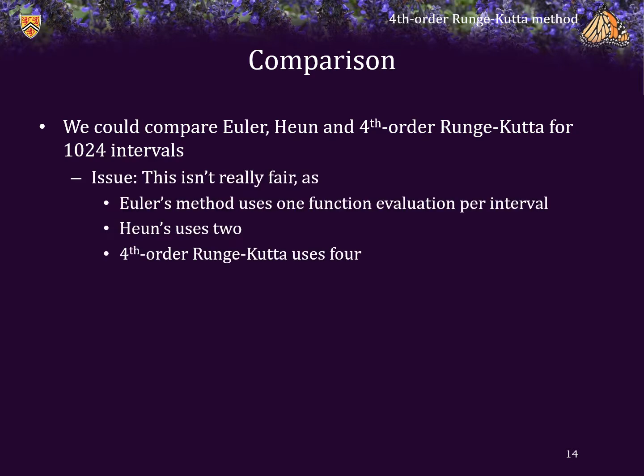However, this isn't really fair because, after all, Euler's method uses only 1 function evaluation per interval. Heun's method uses 2, and 4th order Runge-Kutta uses 4. All right, so let's just look at what happens with the accuracy if you simply allow for 1024 function evaluations.